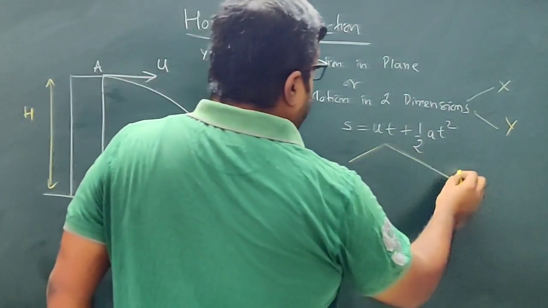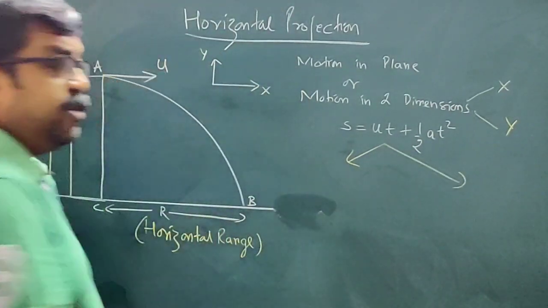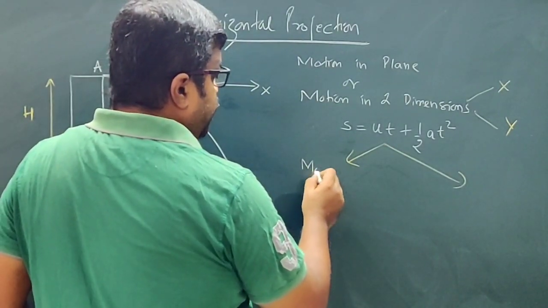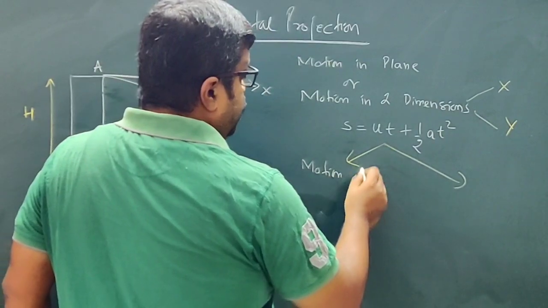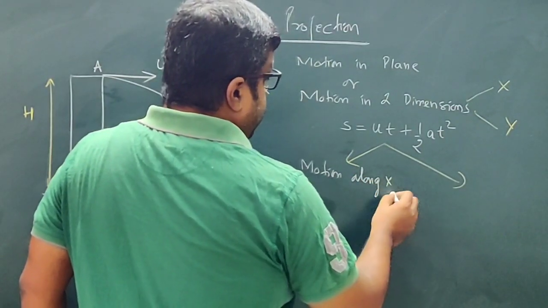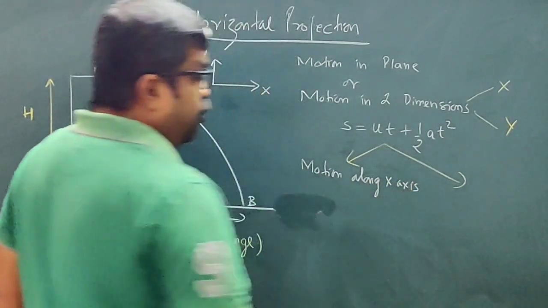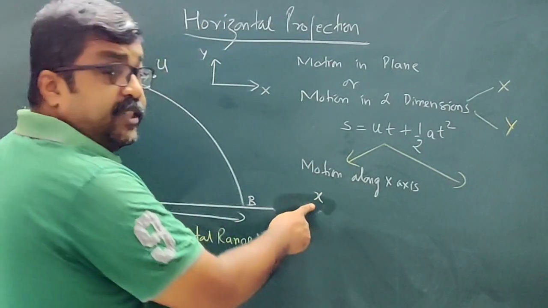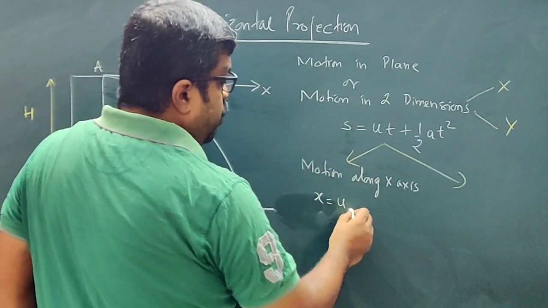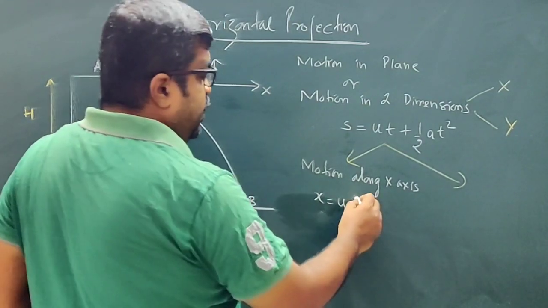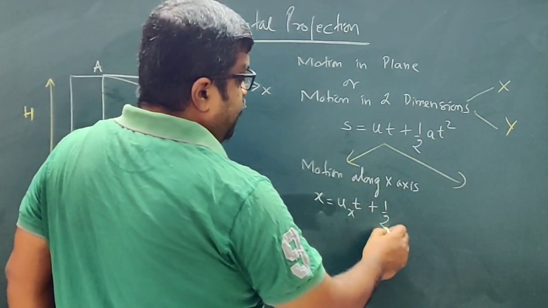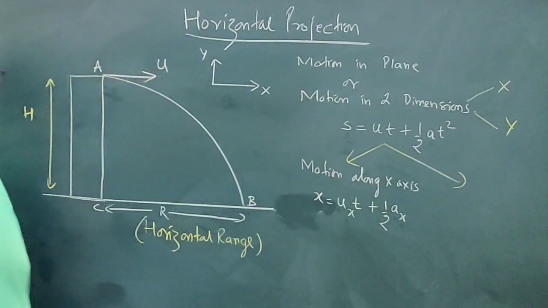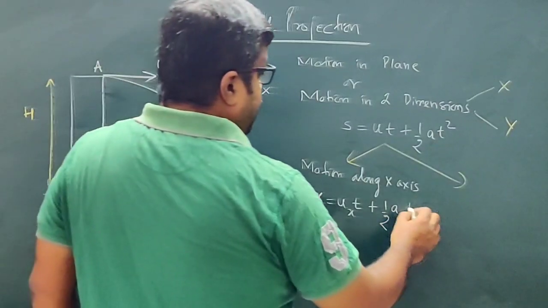So I can break down this equation in two forms, that is for motion along x-axis. For motion along x-axis, this is displacement. So here we have displacement along x-axis, x, is equal to ux, initial velocity along x-axis, into t plus half ax t square, where ax is the acceleration along x-axis.